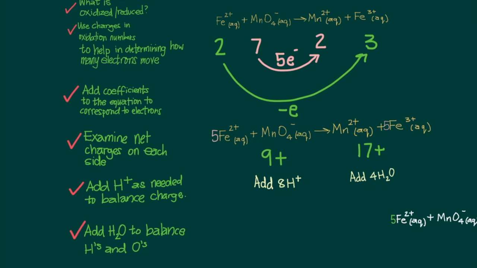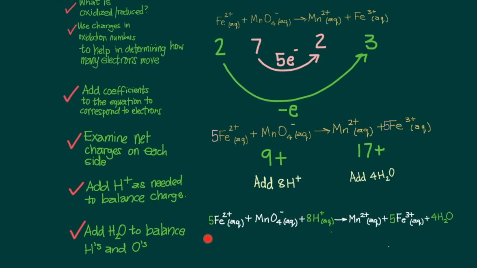And here, 8 H pluses are added to this side to balance the charges. But then we also need to balance the atoms. And so water can be added to this side to balance the hydrogens, and then in so doing, we also balance the oxygens. We end up with our final answer that looks like this.